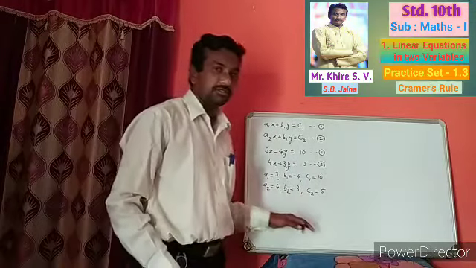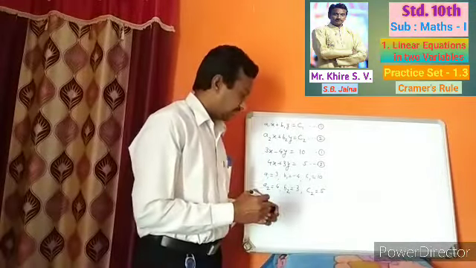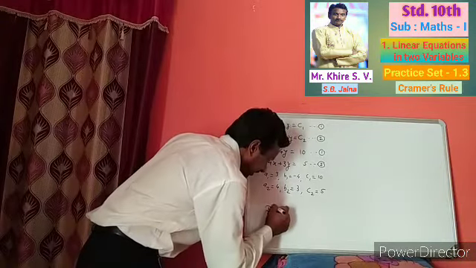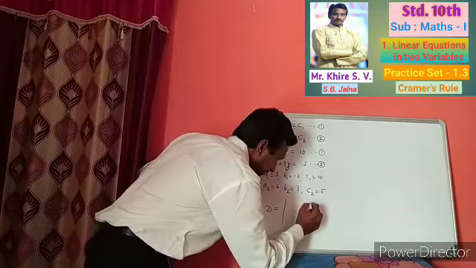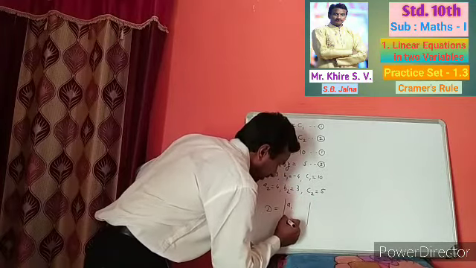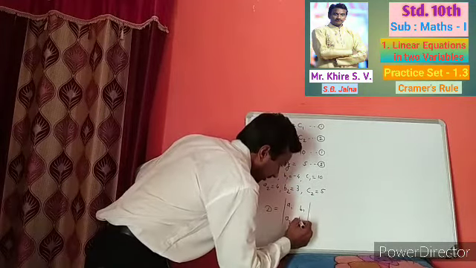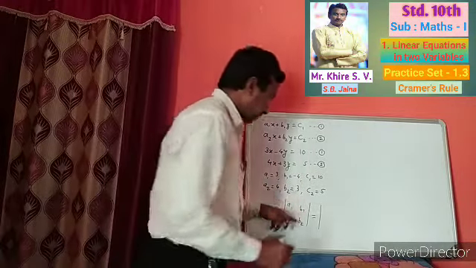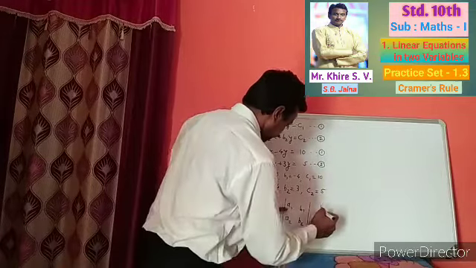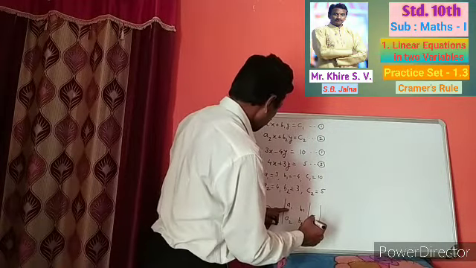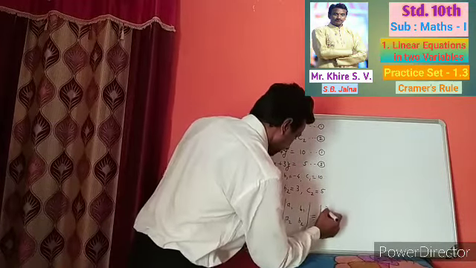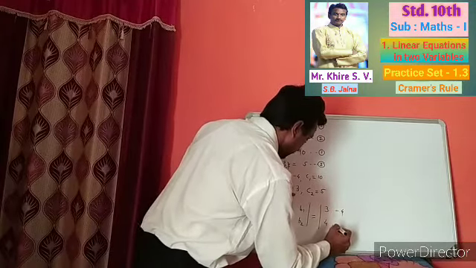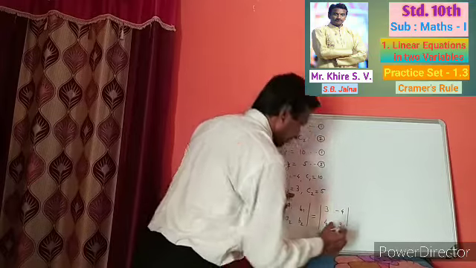Now put these values in Cramer's rule to find the determinant, that is d. d is equal to a1, a2, b1, b2. Now put the values of these real numbers: a1 is 3, a2 is 4, b1 is minus 4 and b2 is 3.